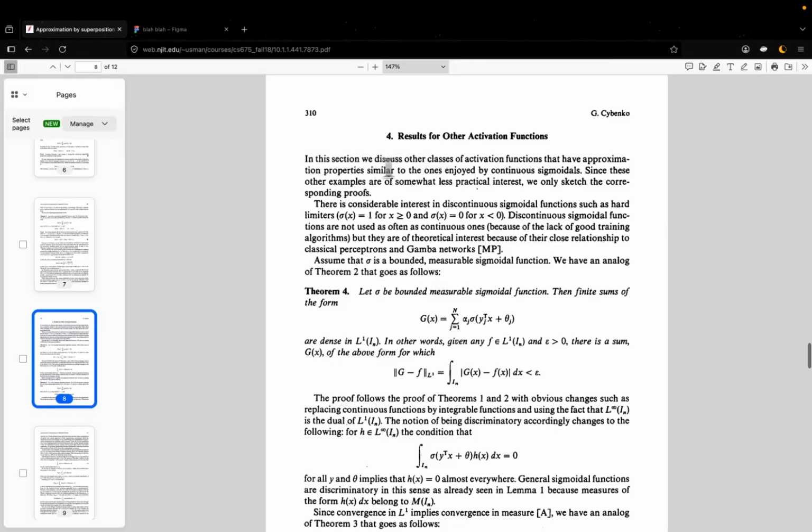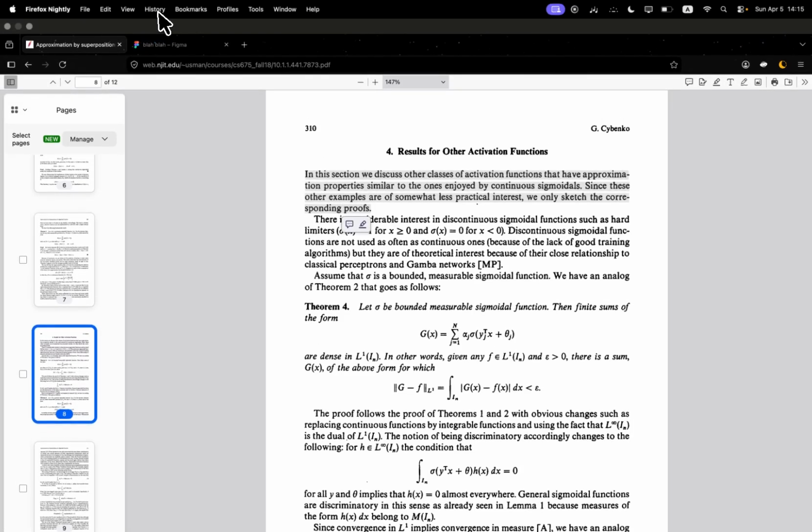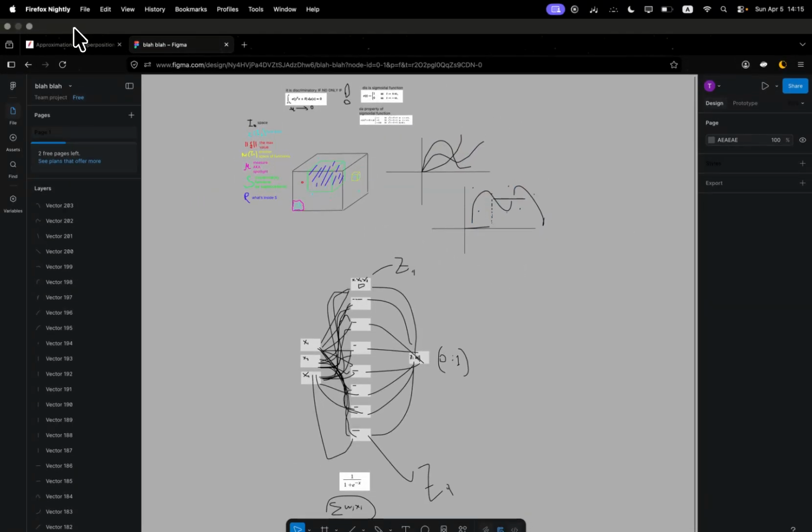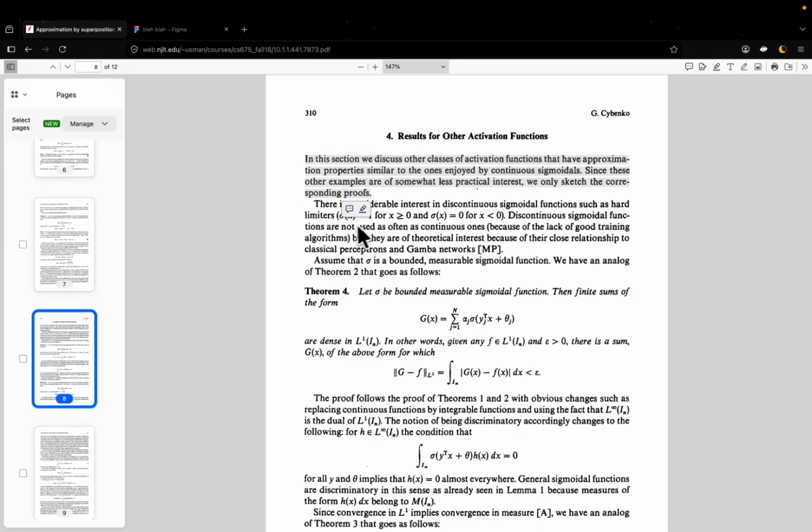In this section we discuss other classes of activation functions that have approximation properties similar to the ones enjoyed by continuous sigmoidals. Since these other examples are of somewhat less practical interest, we only sketch their corresponding proofs. So they have less practical interest, but we don't have extended proofs for them.